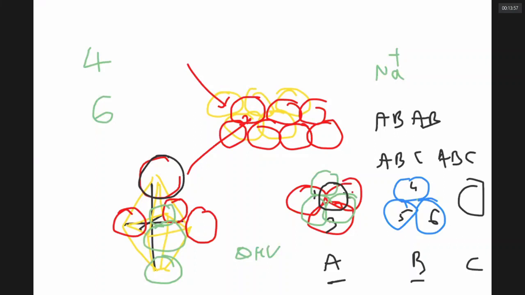This coordination number depends on the ratio between the radii of the smaller one to the bigger one, the cation to the anion. If the ratio is more than 0.73, I can use simple trigonometry and prove that the coordination number will be 8. If the radii ratio between plus ion and minus ion is less than 0.73 and greater than 0.414, I can prove that the coordination number is 6.